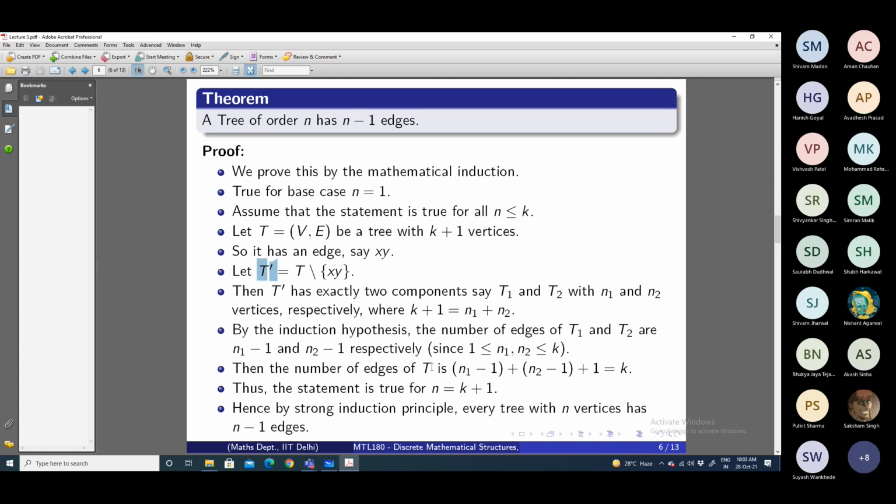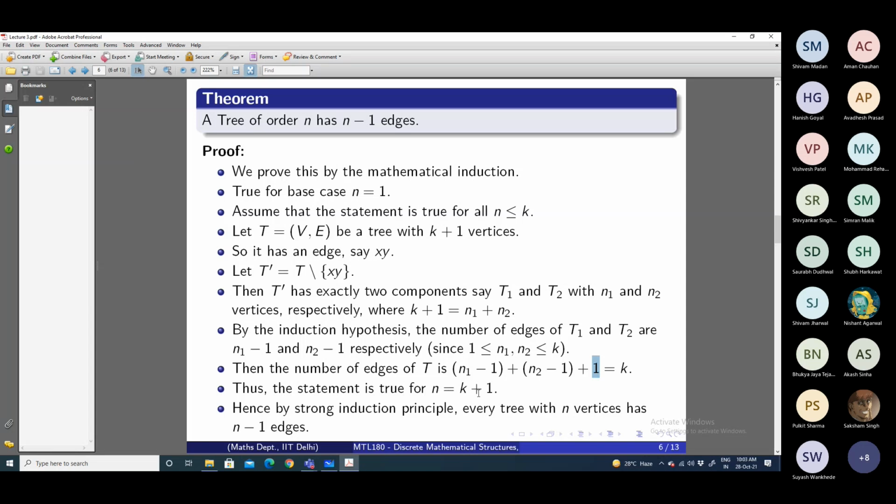So therefore T has this number of edges plus this number of edges plus 1. Why plus 1? We are adding the xy, and that is k. So if you have k plus 1 vertices, then you have k edges. Therefore the statement is true for n equal to k plus 1.